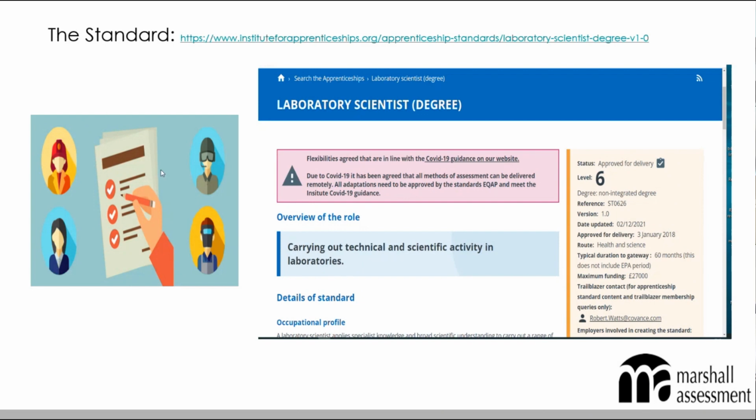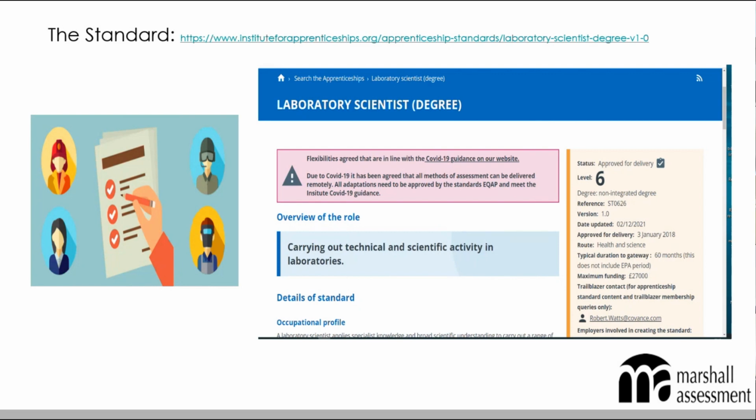This really poor infographic should kind of explain a bit what I'm trying to get at, is if you're a firefighter, if you're a welder, if you're an administrator, it doesn't matter. If there's an apprenticeship standard designed for that particular occupational profile, there'll be a preordained set of knowledge, skills and behaviours that particular individual has to demonstrate.